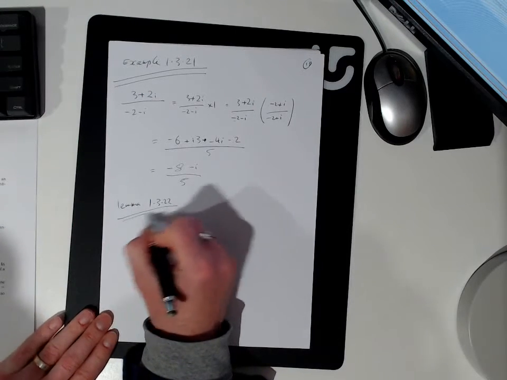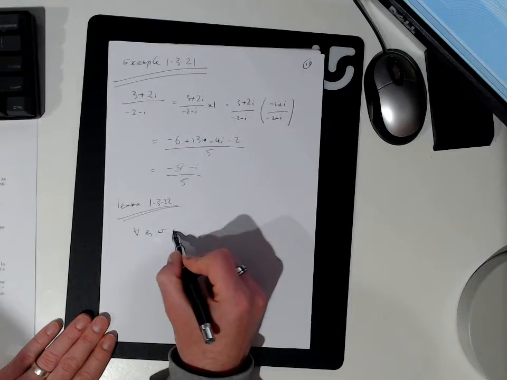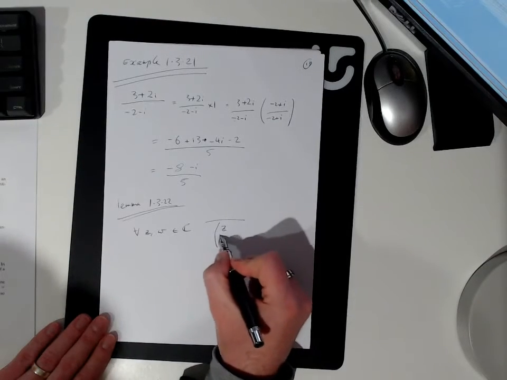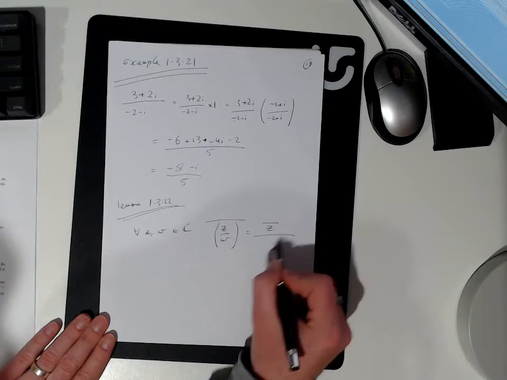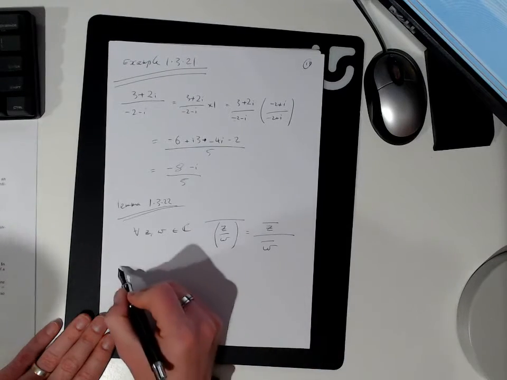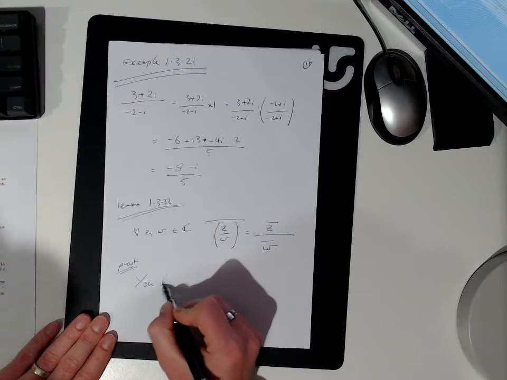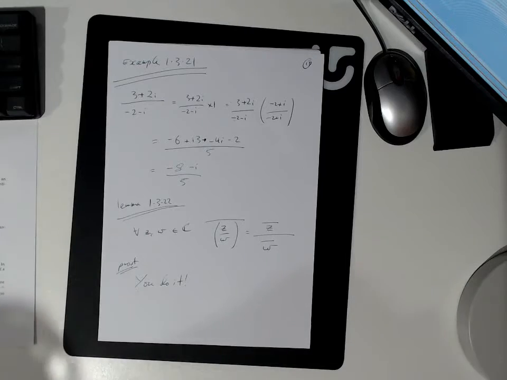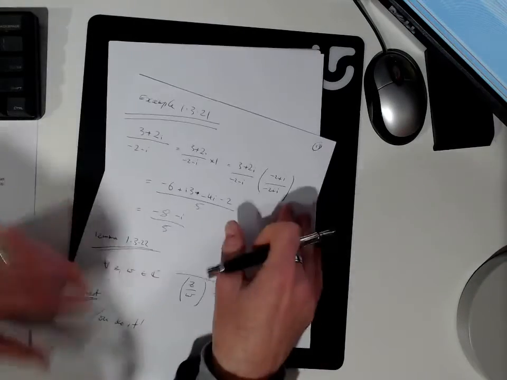1.3.22. For all z and w in the complex numbers, the modulus of the division is the division of the moduli. Proof. You do it. I'm serious, you should do it. It'll help you learn the material, thinking about things, and it also helps with revision.